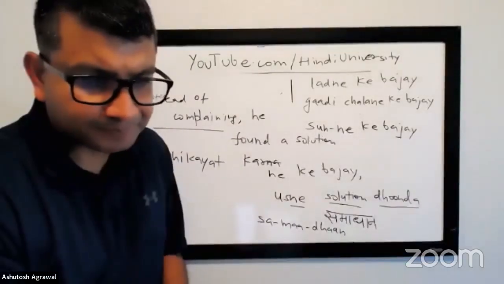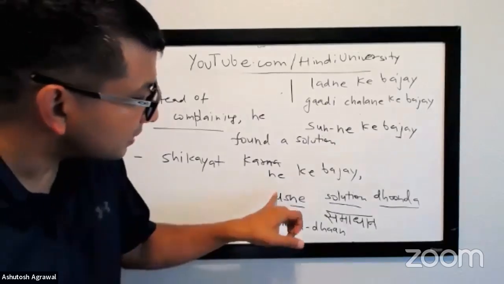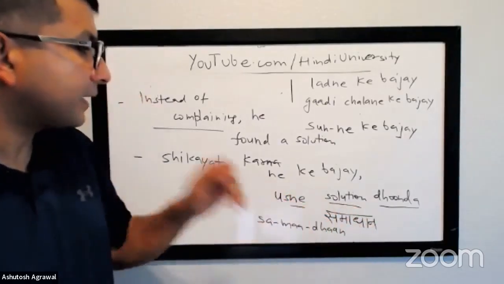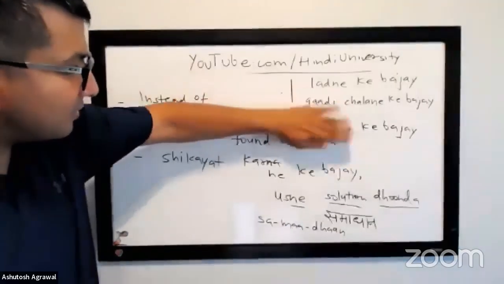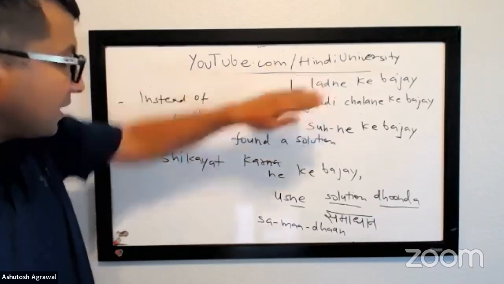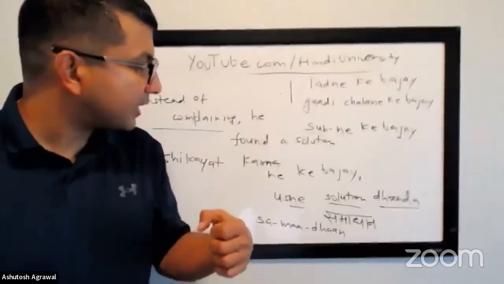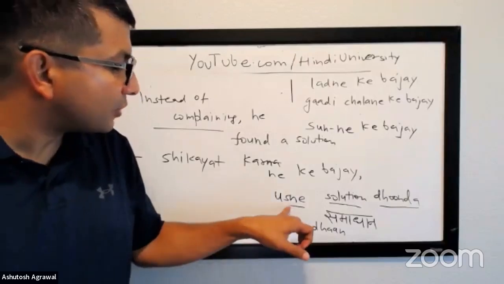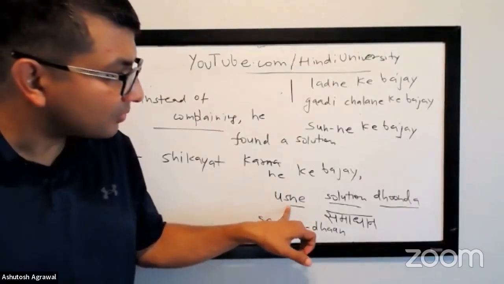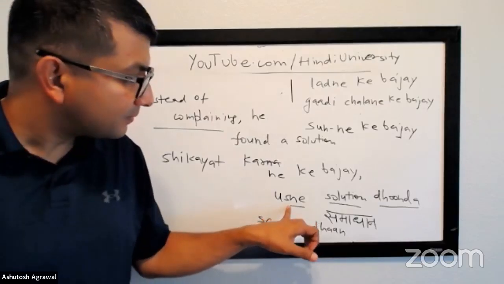Okay. Asuji, could you have used mila there? Which one? Mila instead of dhundha? Okay. No, you can do it. If you don't worry about the translation, you can say शिकायत के बजाय उसको, okay. He found, okay. You want to say उसको समाधान मिला. Is that what you're saying? Right? You want to say मिला. Yeah.